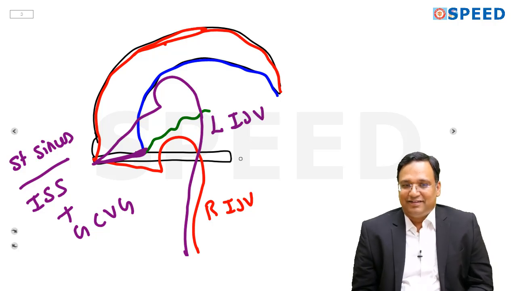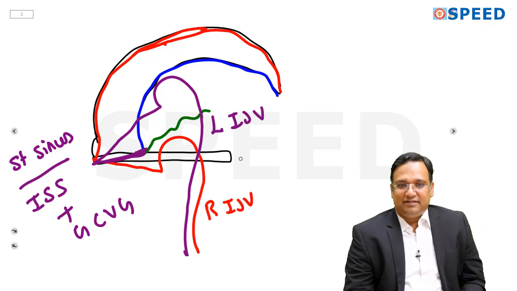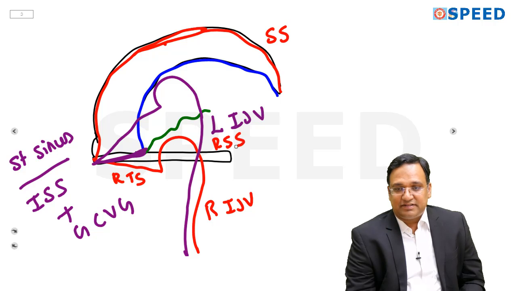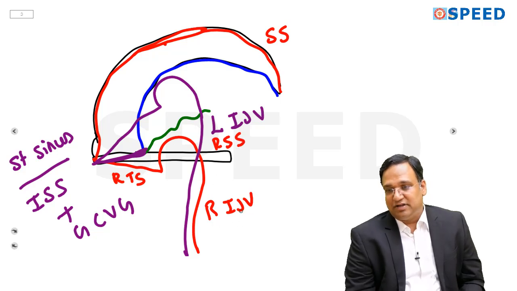Very clear? I will repeat this once again. The superior sagittal sinus starts from the crista galli anteriorly, goes to the internal occipital protuberance posteriorly, then becomes the right transverse sinus, the right sigmoid sinus, and continues as the right internal jugular vein.